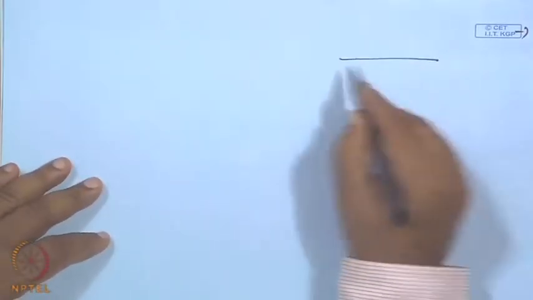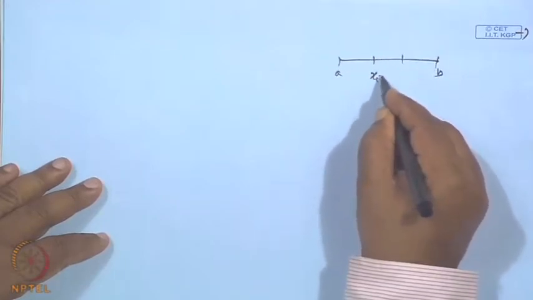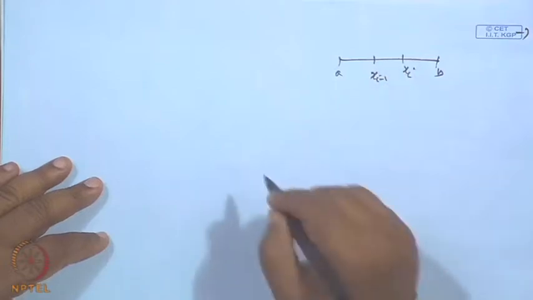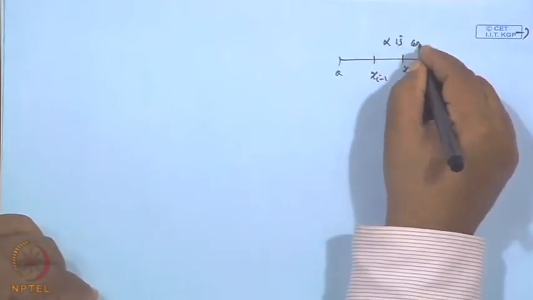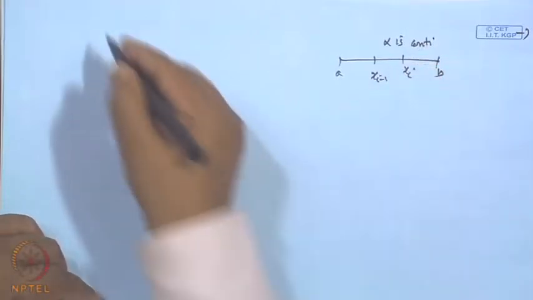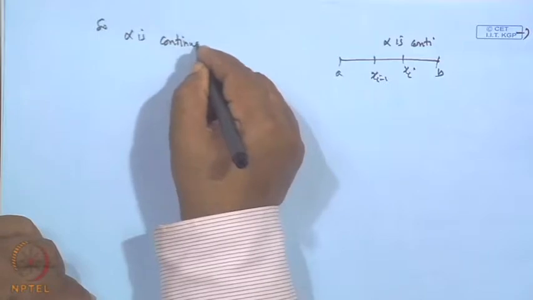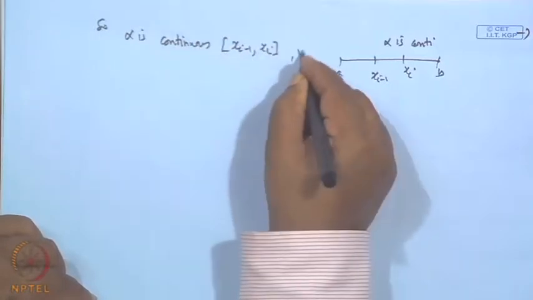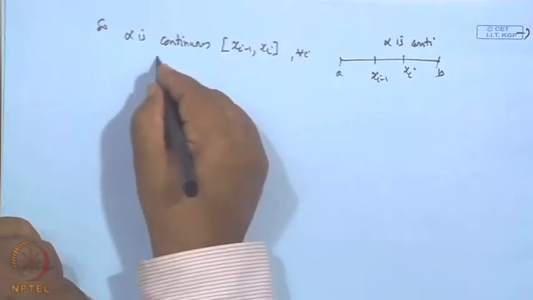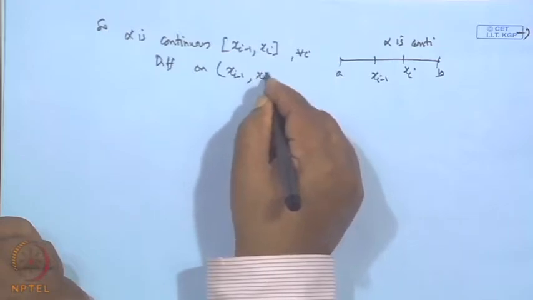So, this is the interval [a, b], and we choose the partition points x(i-1) and x(i). Alpha is continuous on the closed interval [x(i-1), x(i)] for each i, and it is differentiable on the open interval (x(i-1), x(i)).